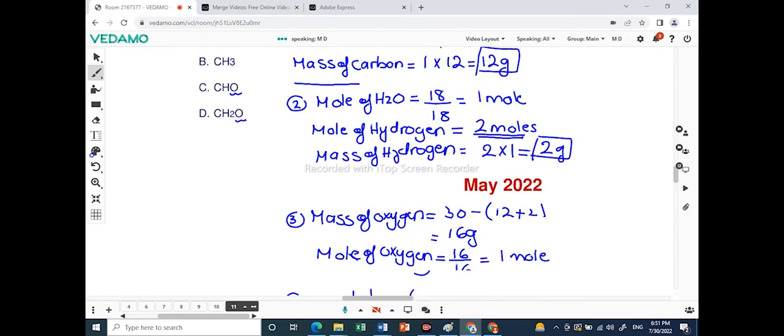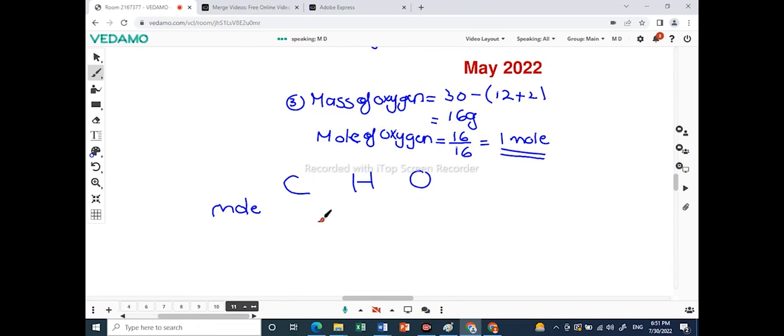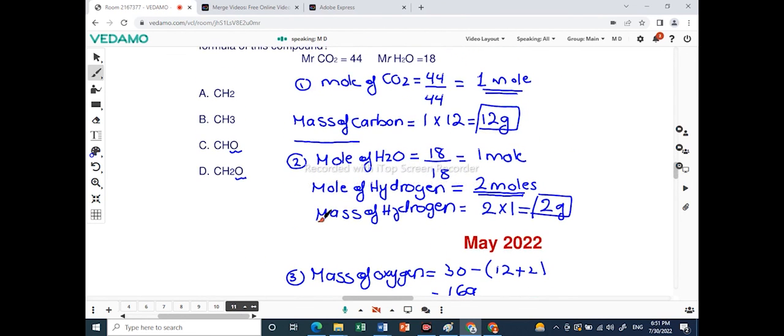Finally, the mole of oxygen, it's a 1. So I'm going now to put the numbers. The carbon is 1, the hydrogen is 2, the oxygen is 1. So my empirical formula is CH2O. Going back to the options, the answer is D.